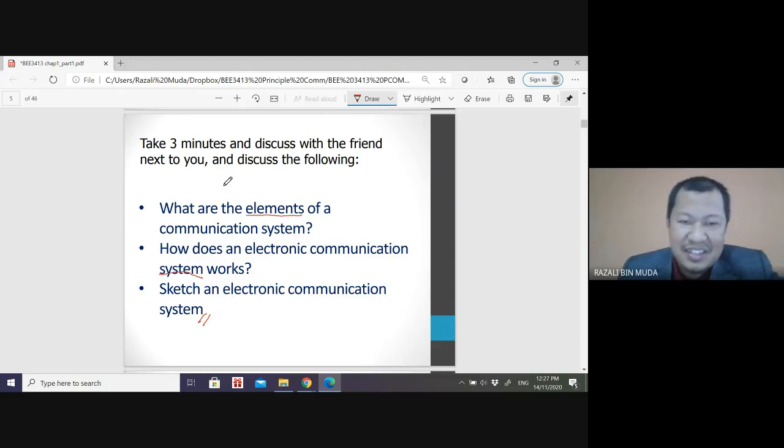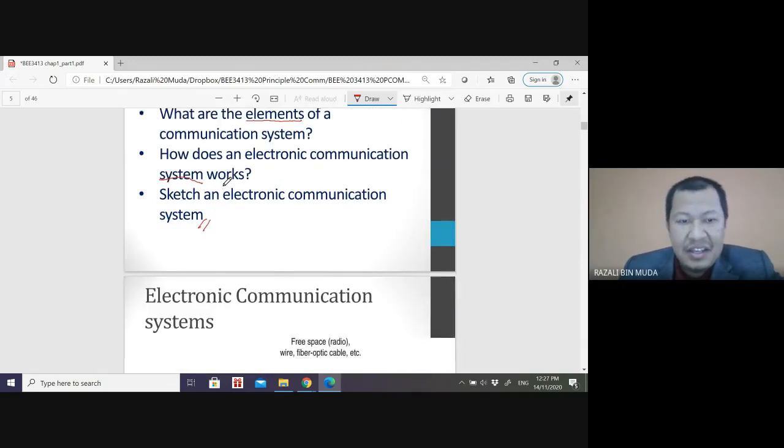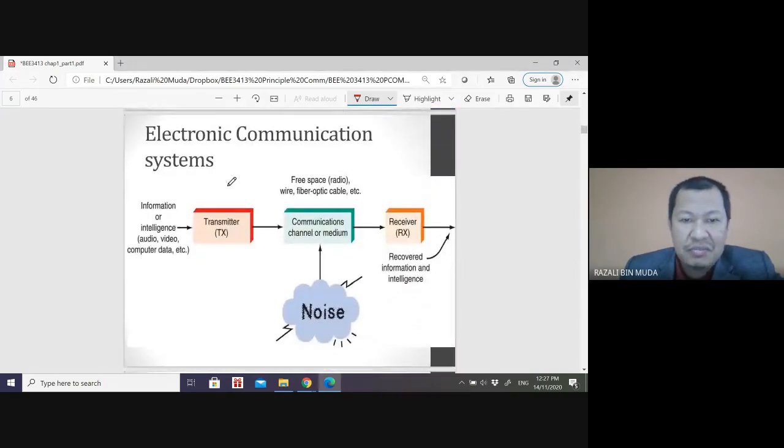So let's discuss. Okay, so electronic communication system. This is the block diagram. We call it block diagram. So how many elements do we have here? This is what we call the block diagram.